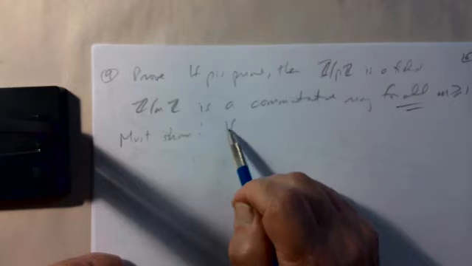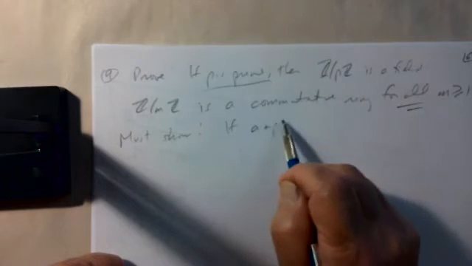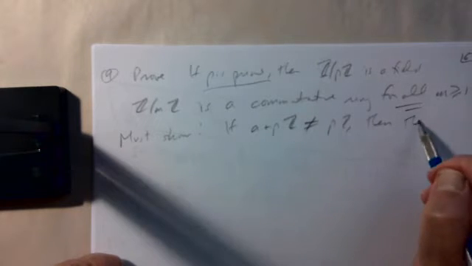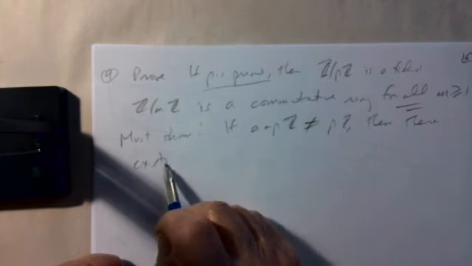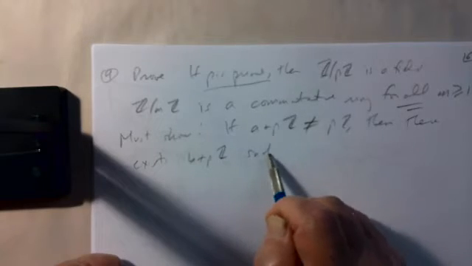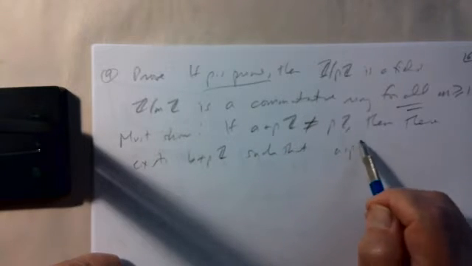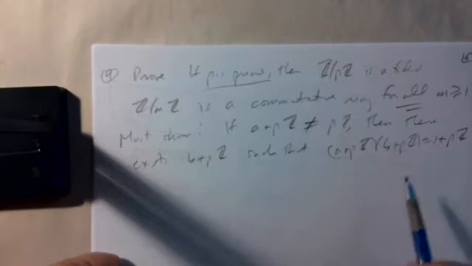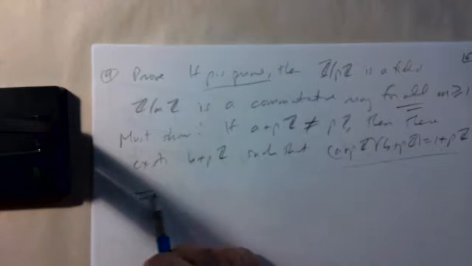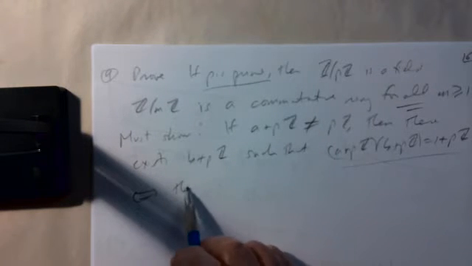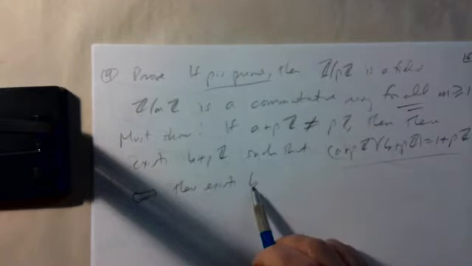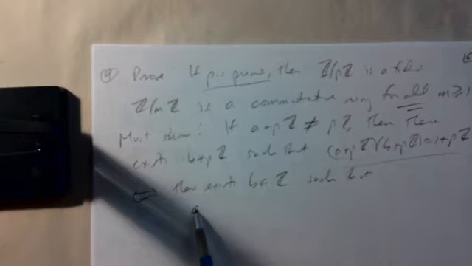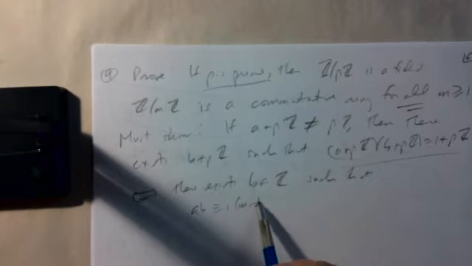So we must show if P is a prime, if A plus PZ is not 0, that is not PZ, then there exists a congruence class B plus PZ such that A plus PZ times B plus PZ is 1 plus PZ, which is equivalent to saying there exists an integer B such that AB is congruent to 1 mod P.